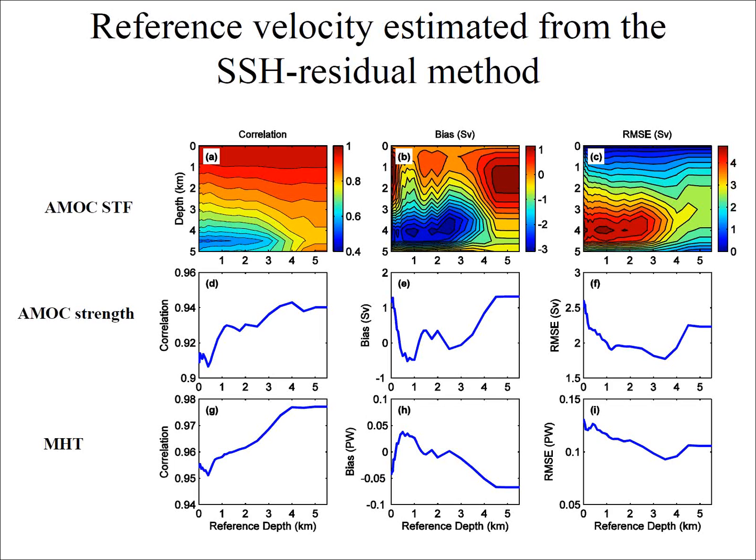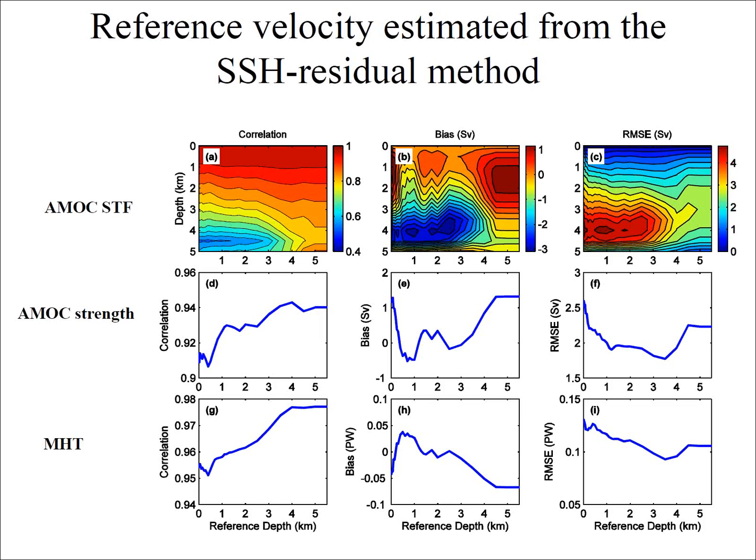So this is in terms of the AMOC stream function, AMOC strength, and meridional heat transport. This is the depth of the AMOC in terms of correlation, bias, and root mean square error. So it starts with the bias here. We see that generally, when you assume a reference level that is too close to the surface, you have a strong bias at about 4,000 meters here.